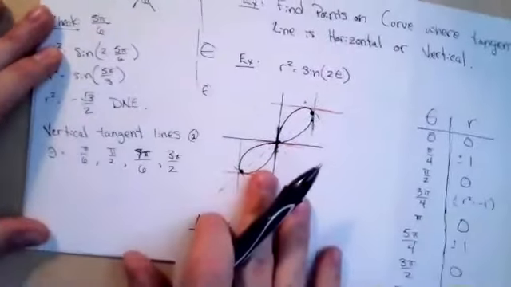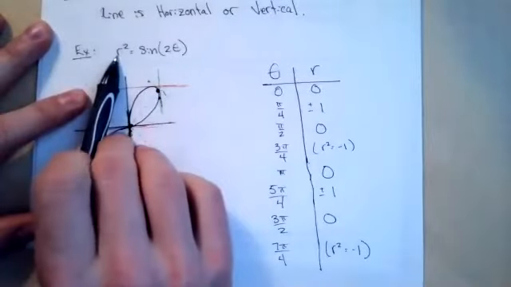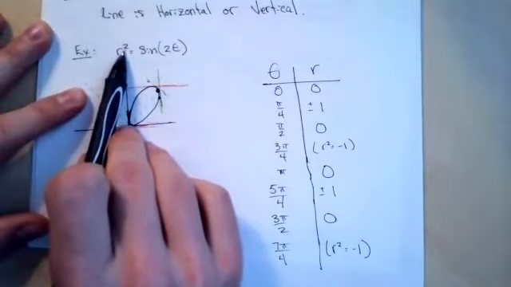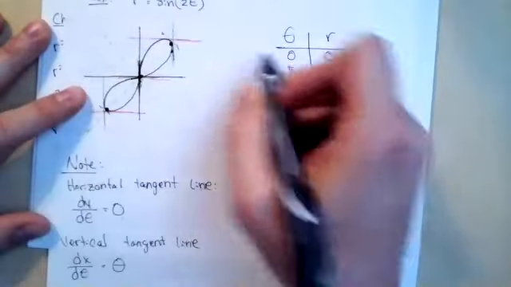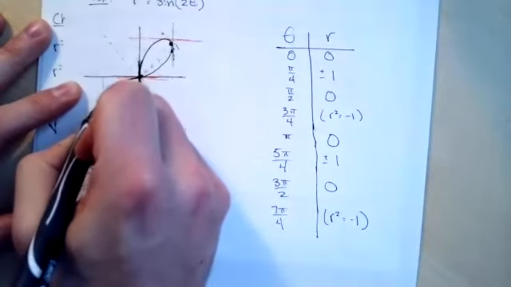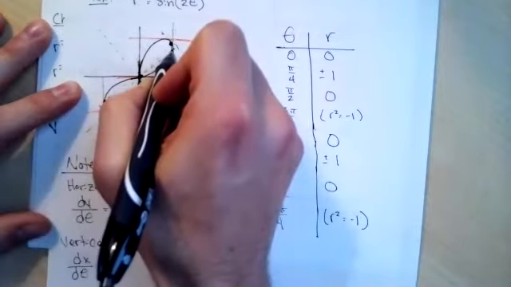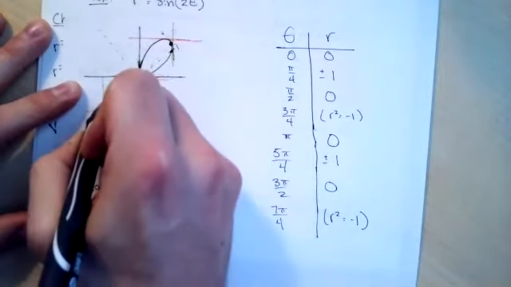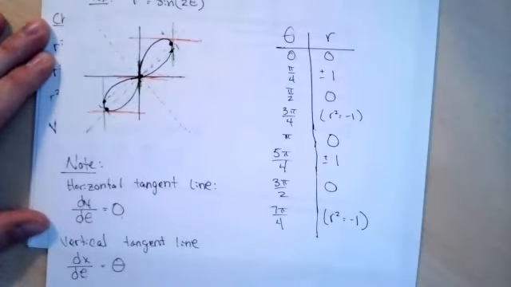We should also note that these are kind of symmetric in some sense. So if we were solving for the r's, again, we're going to have a plus or minus because of that square. But it shouldn't matter, because if this guy here is at pi over 6, 7 pi over 6 is exactly opposite. It's on that same line. So while we found the vertical tangent line here, it makes sense that the same vertical tangent line is on the opposite side by symmetry.